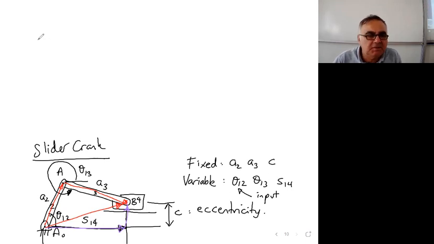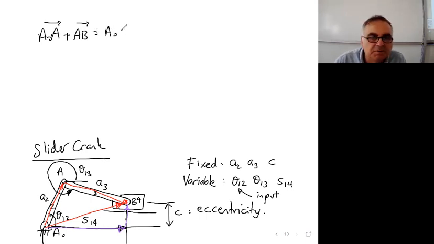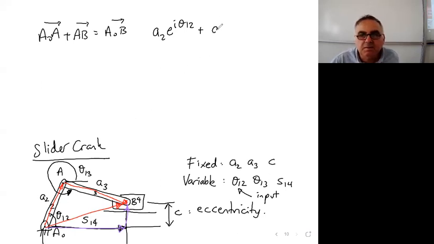So let me write A0A plus AB is equal to A0B, which I can write as A2 e to the i theta 1, 2 plus A3 e to the i theta 1, 3 is equal to the horizontal component S14 plus i times C. i times C is the vertical component.